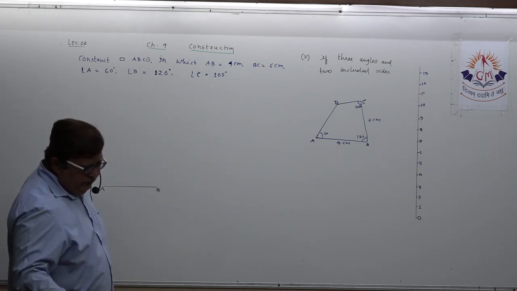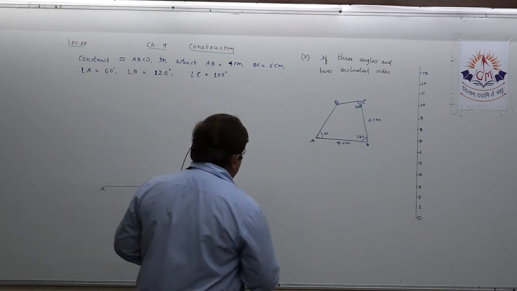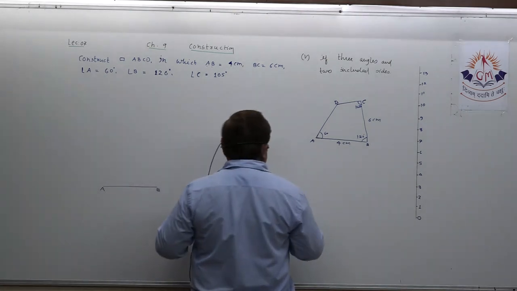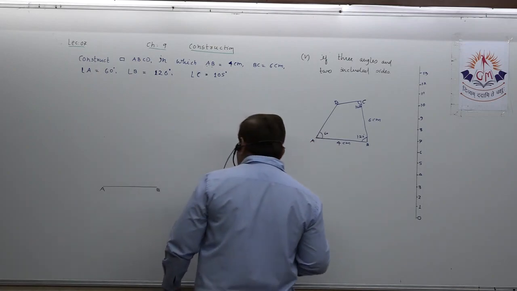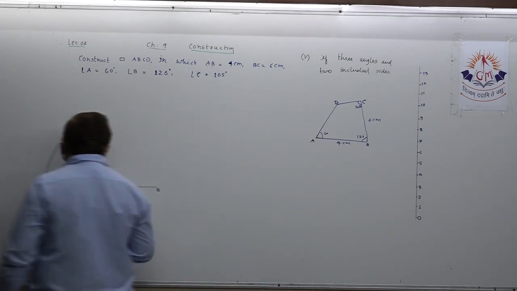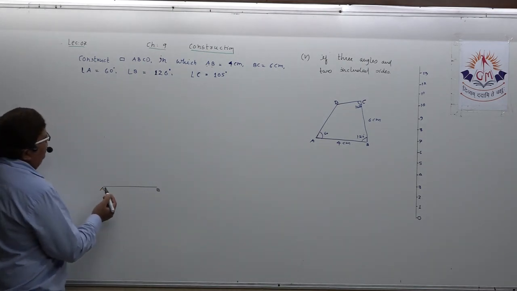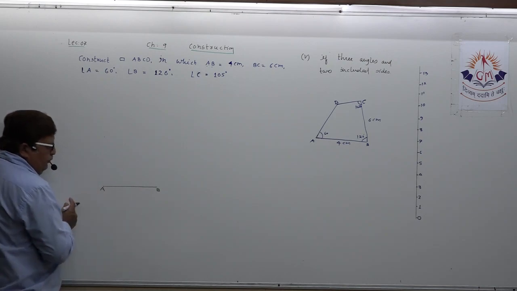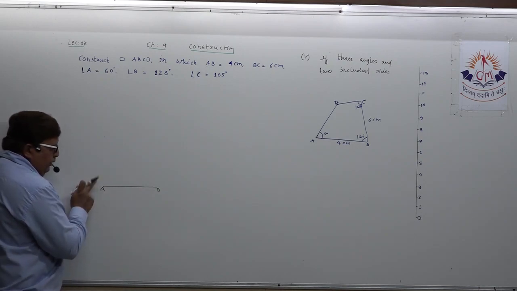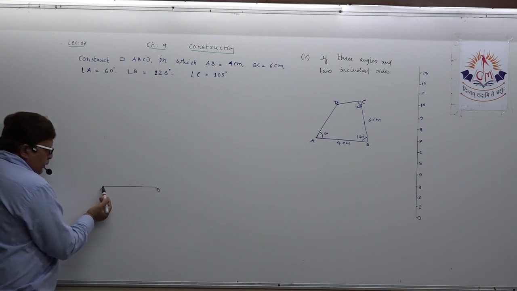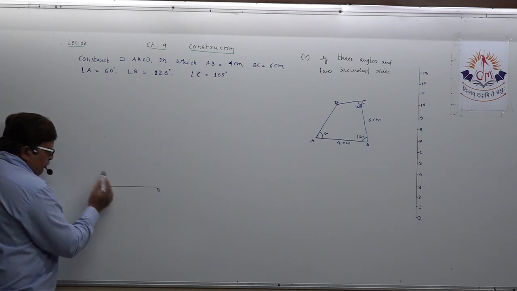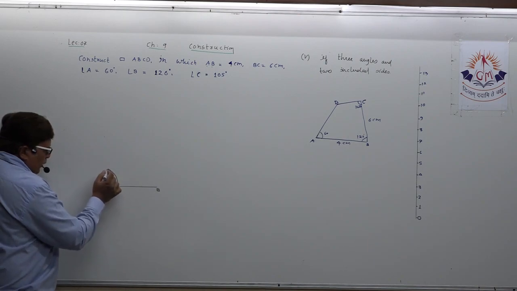Please concentrate here. We have first drawn AB of 4 centimeter already. Now our target is to make an angle of 60 degree at A. So what you will do? Keep your compass centered at A by taking some appropriate radius. Draw an arc.